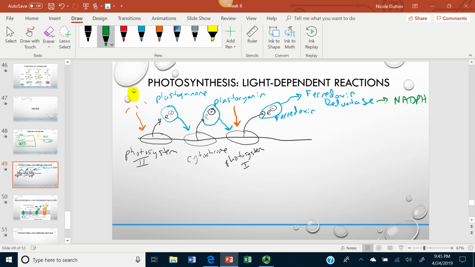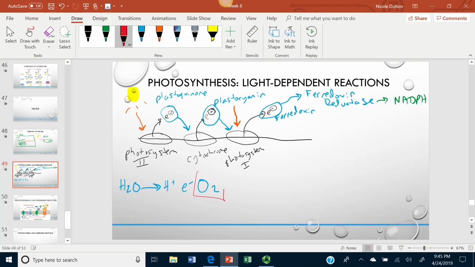There's a couple other components we have to talk about. First of all, you can't just snatch an electron away from a photosystem. That leaves a very unstable and unsettling situation at the photosystem. This electron has to be replaced. So what we do is we actually split water. So H2O gets split into the hydrogen ions, the electrons, and oxygen.